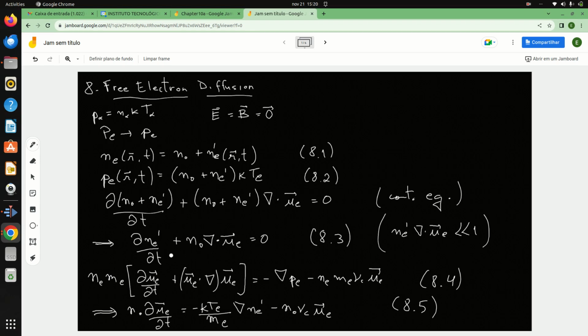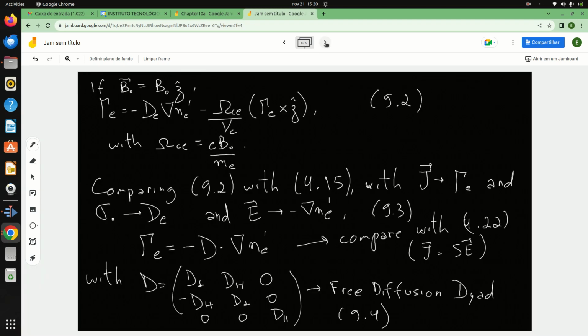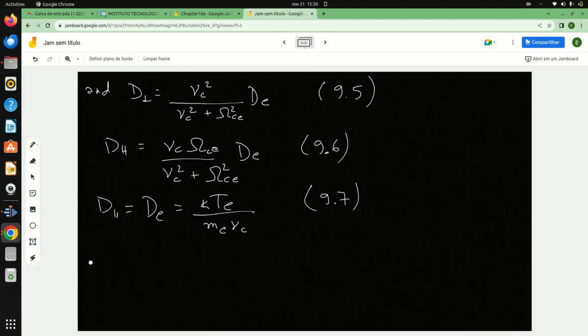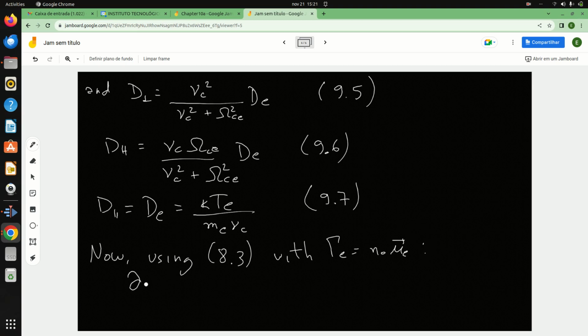Okay, let's start from here, and in place of N0 U, I'll write gamma E. So using 8.3 with gamma E, we can rewrite 8.3 in this way.